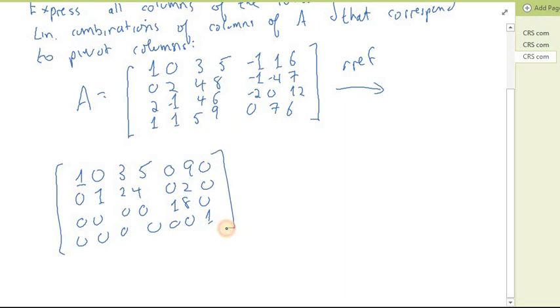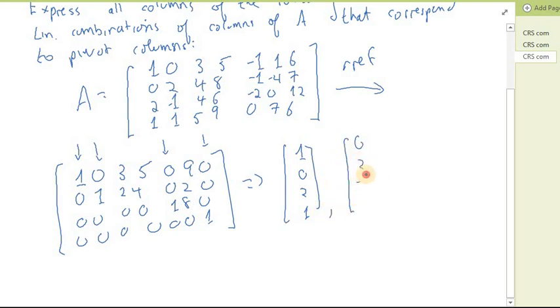You can check the pivot columns and everything. You can identify the pivot columns here, here, here, and here. So that's columns 1, 2, 5, and 7. That means these columns: column 1 is 1, 0, 2, 1. Column 2 is 0, 2, minus 1, 1.